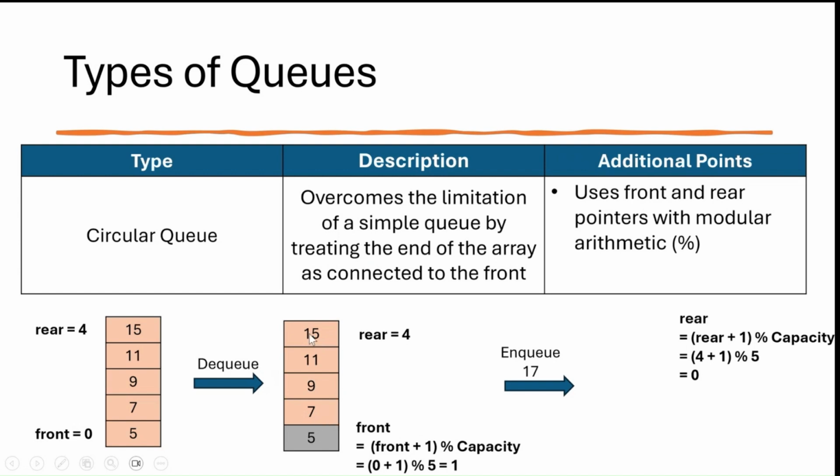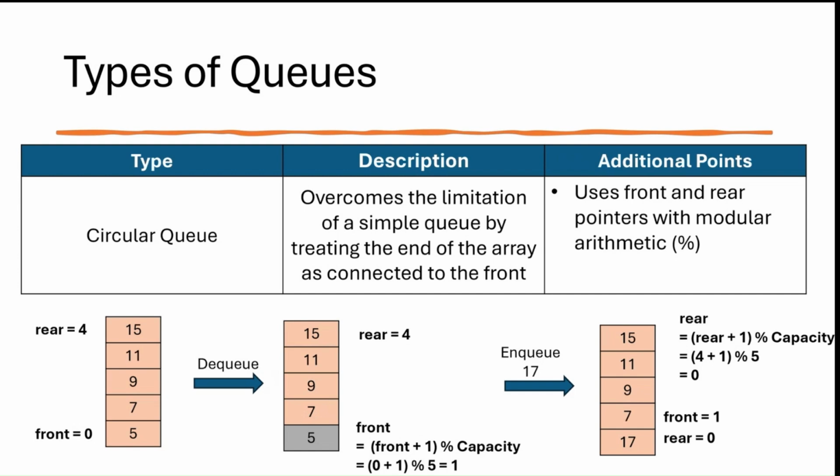In a DQ, then only we could add the 17 here. But here, the rear is incremented similar to the front: rear plus 1 modulo capacity, 4 plus 1 modulo 5 equals 0, right? Now rear points to 0 and 17 can be inserted at the rear position, which is 0, right?